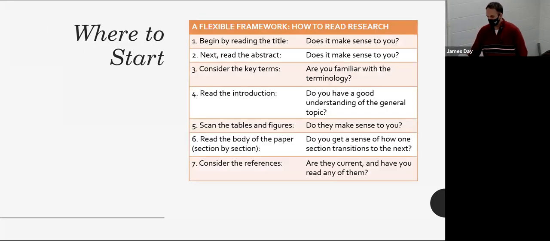After that, we're going to look at the specific headings associated with the different topics. So here's basically a flow chart of how we can go about figuring out what we need to know from each article.